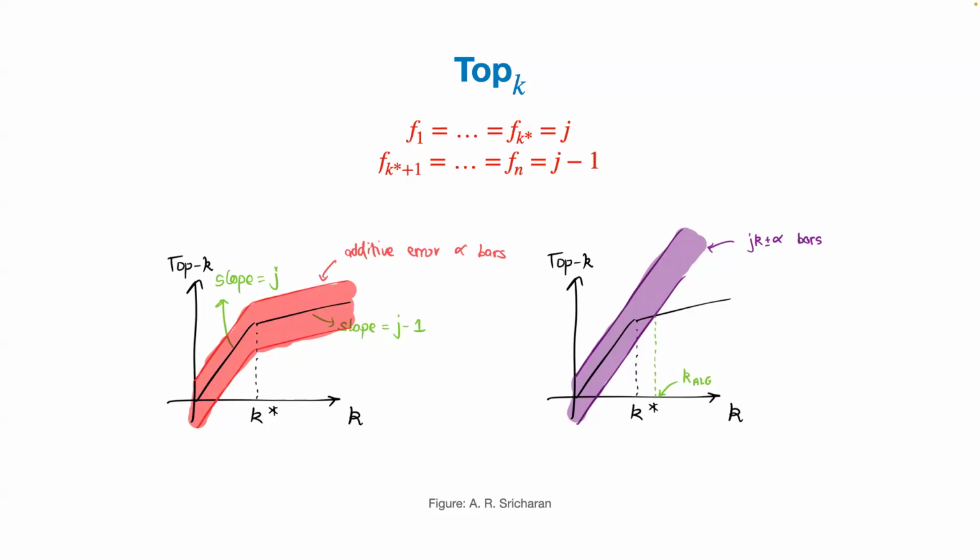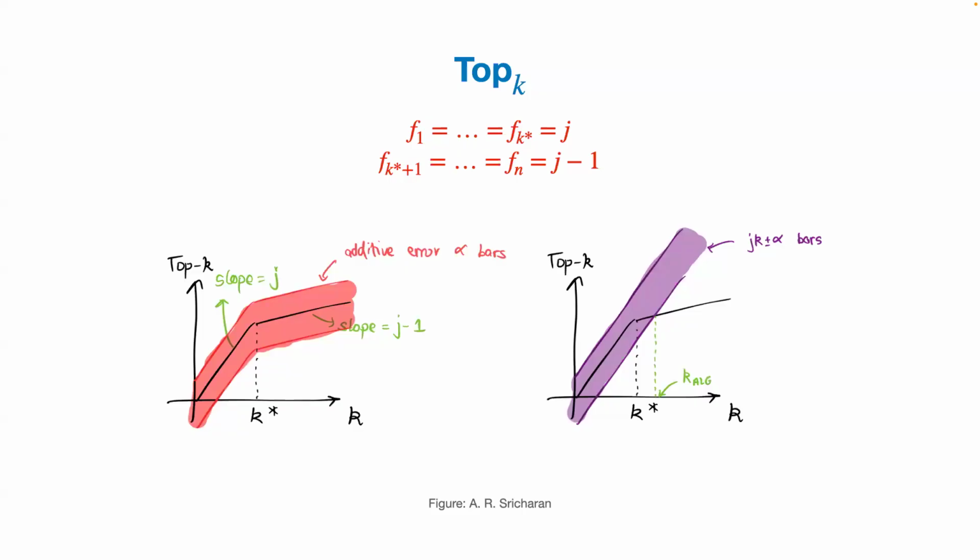And how can we be sure that this K out, which is the first K that proves us wrong, is a good estimation? Well, the width of this region over here and that purple region over there are both of order alpha.